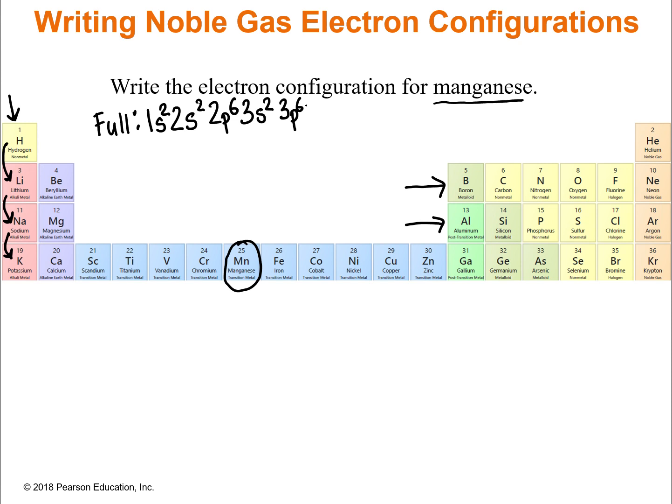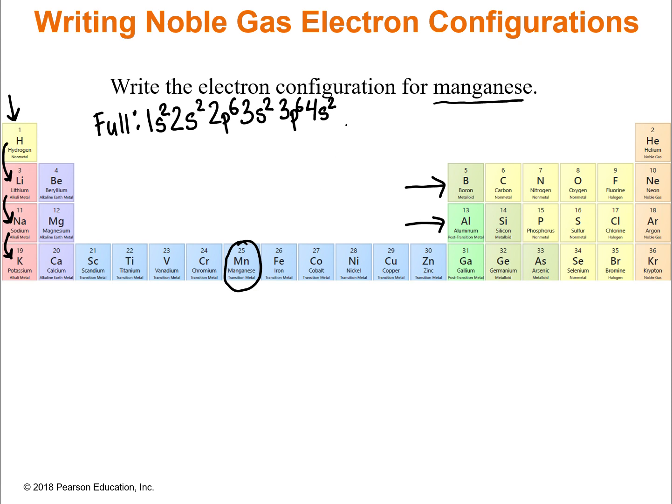Now we're in period 4. This is the town, or the period, that manganese lives in. So we're going to slow it down. We know that we can fill the 4s because we haven't hit manganese yet.